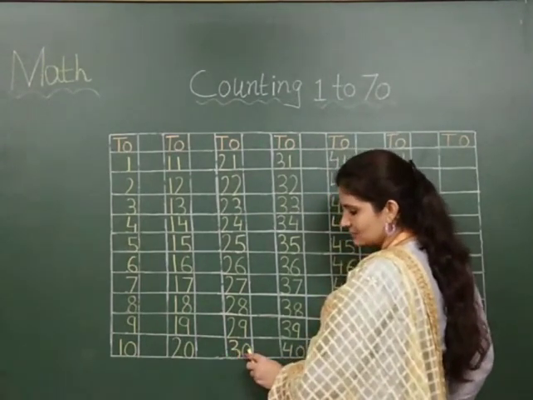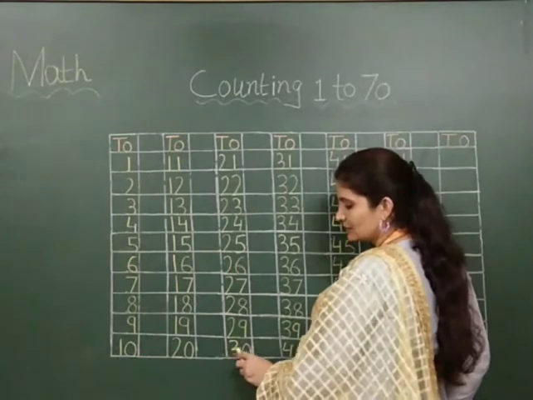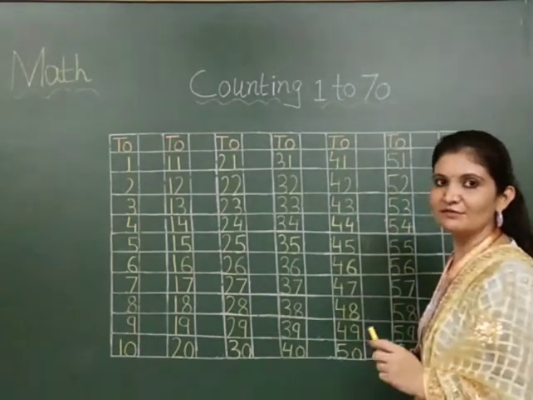It's 3 and it's 0, it's called 30. Now, which line will come?